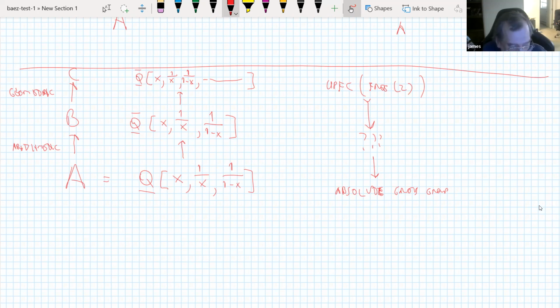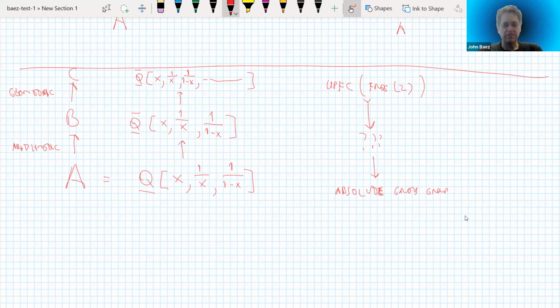But the reason why I'm not worrying about the middle so much is because, I do care a lot about the middle, but what I really care about in this short exact sequence is this.